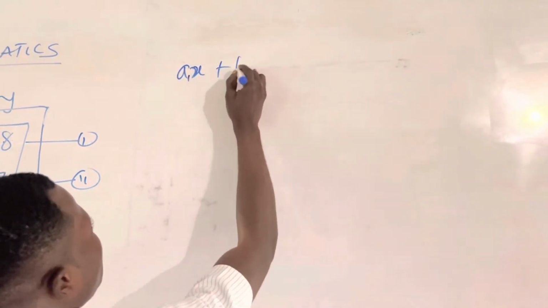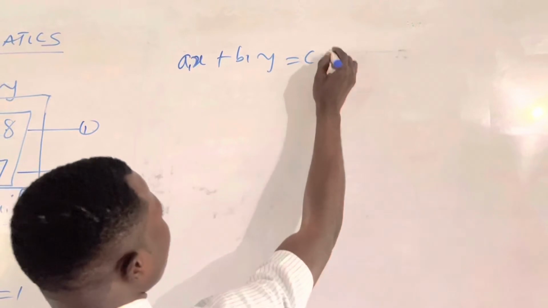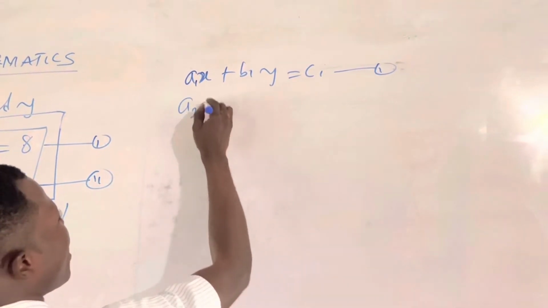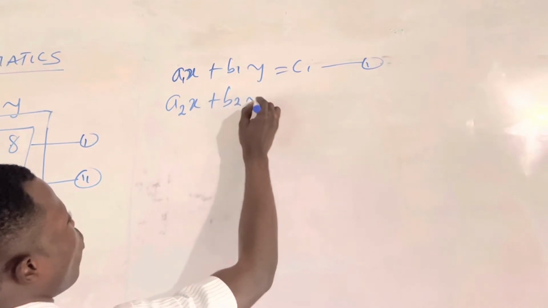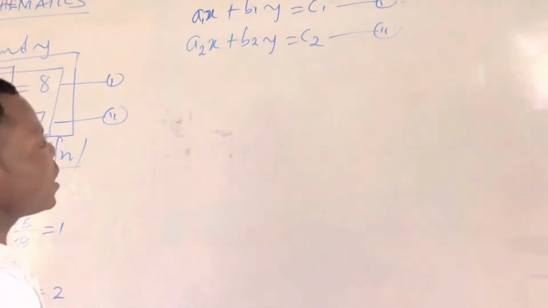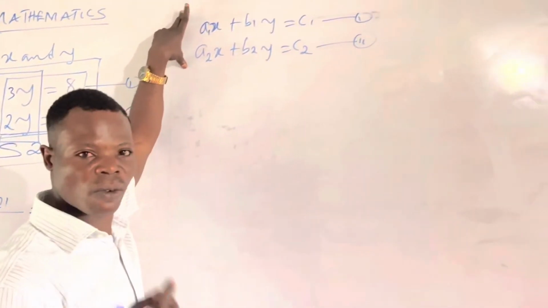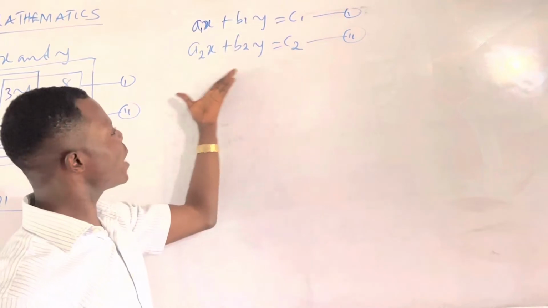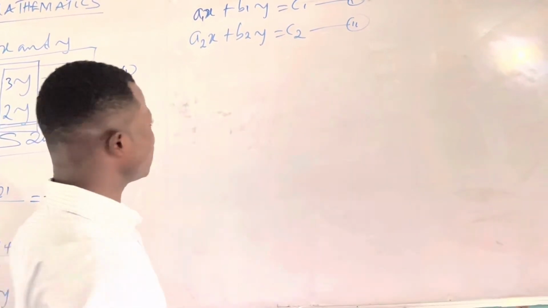And we know from Cramer's rule that if you have a system of linear equations of a1x plus b1y equal to c1, equation 1, and you have a2x plus b2y equal to c2, equation 2. So this is a system of linear equations of two variables, that is x and y. So we can easily change this to matrix form.